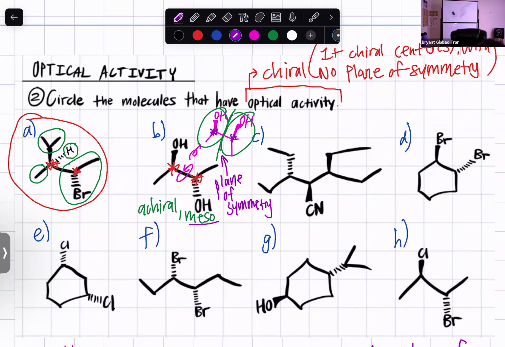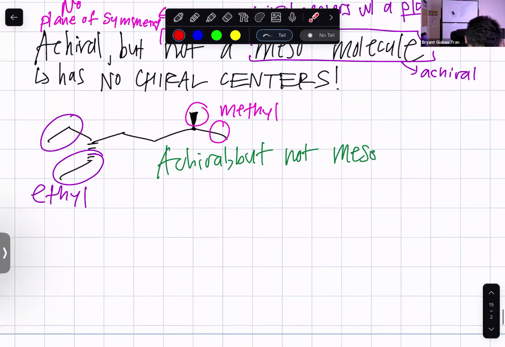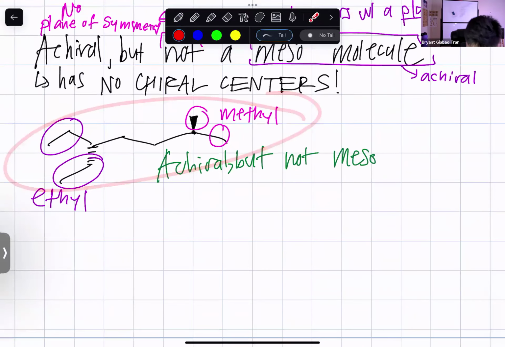For something to be meso, they need to have at least two chiral centers, most likely two chiral centers, and a plane of symmetry. Right, those are meso molecules. Something that has two chiral centers and a plane of symmetry. This one right here is achiral, but not meso, right? Because there are no chiral centers at all.